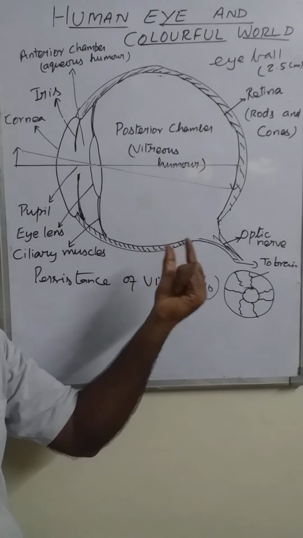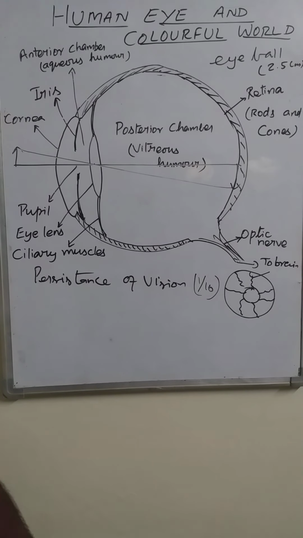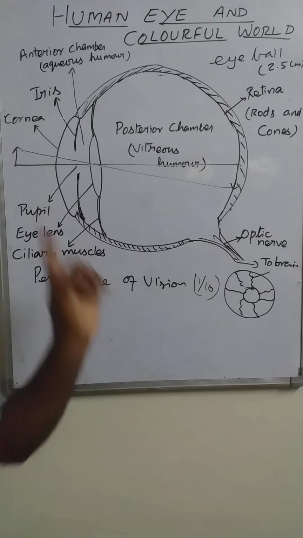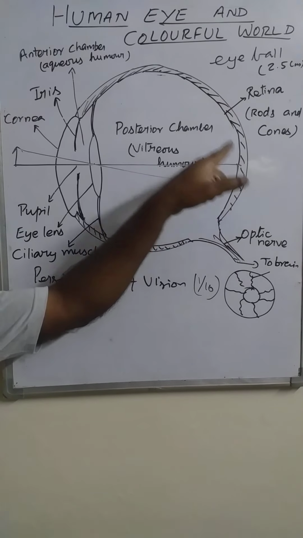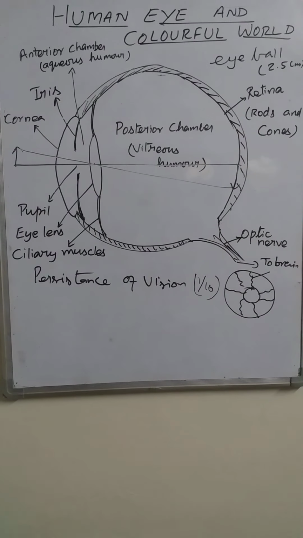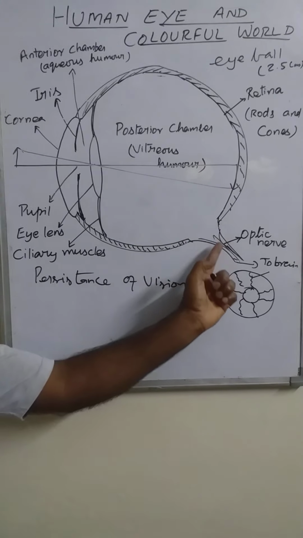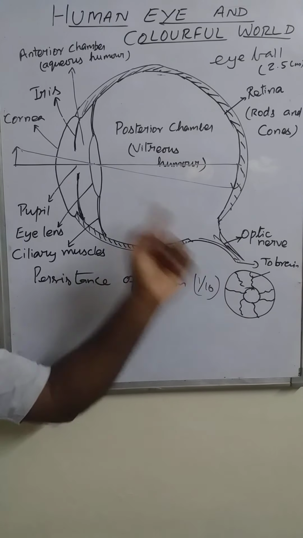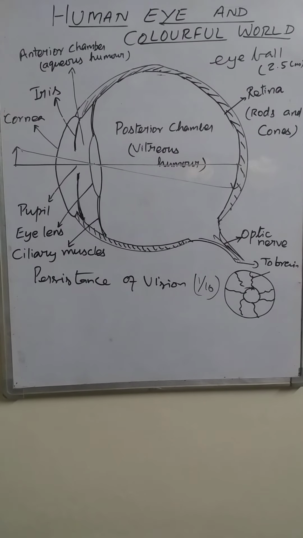Up to this time, whatever image is formed on the retina exists. Within that time, if anything is shown in front of the eye, it will not form an image. Once the image is cleared, once the image is transferred to the brain, only then will it form the image of the next object.